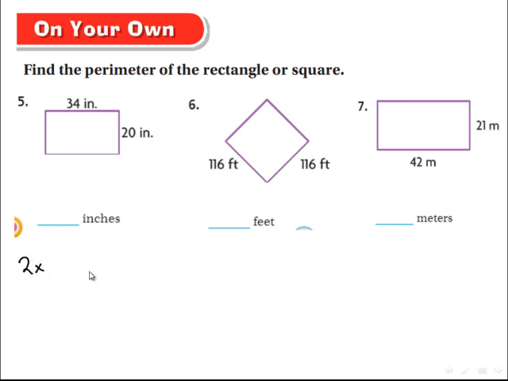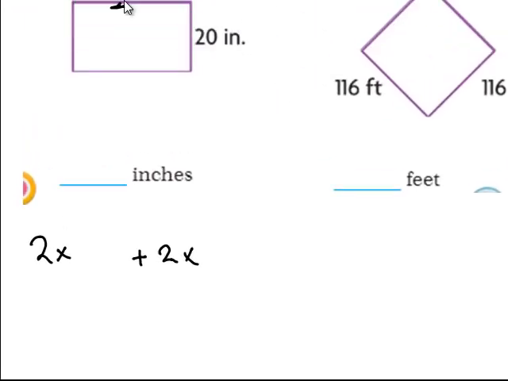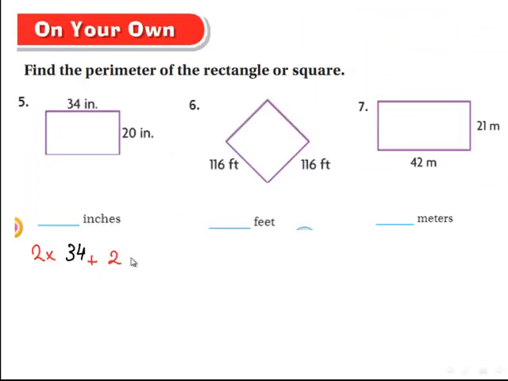2 by what plus 2 by what? 2 by L. L here means length, 34 inches. Plus 2 by what? 2 by 20 inches. So 2 multiply 34, double 34, 68, plus 2 multiply 20, it's easy, 40.